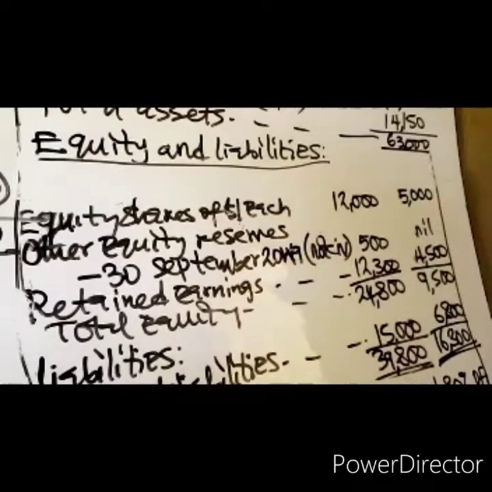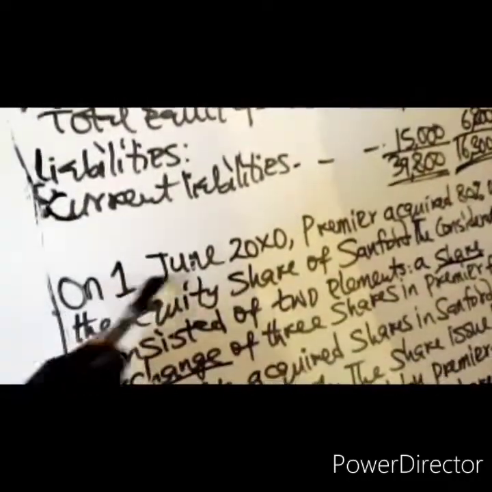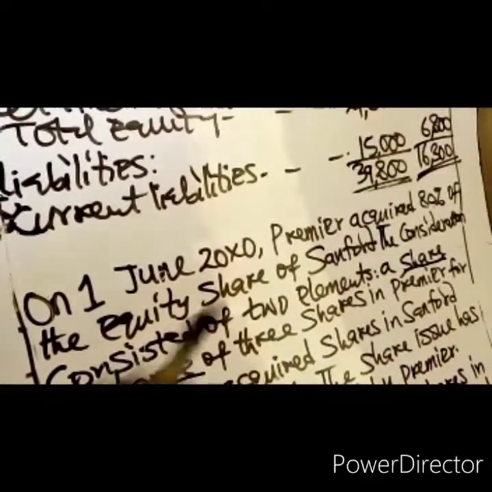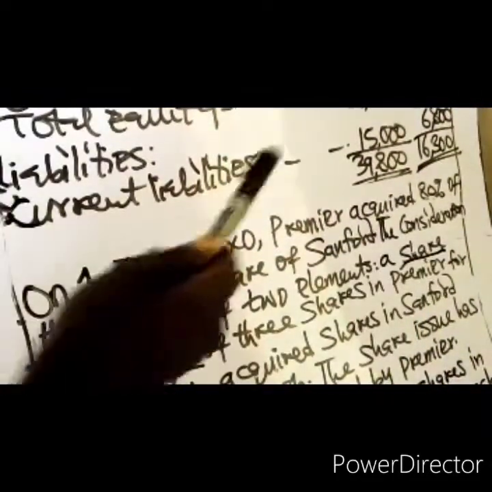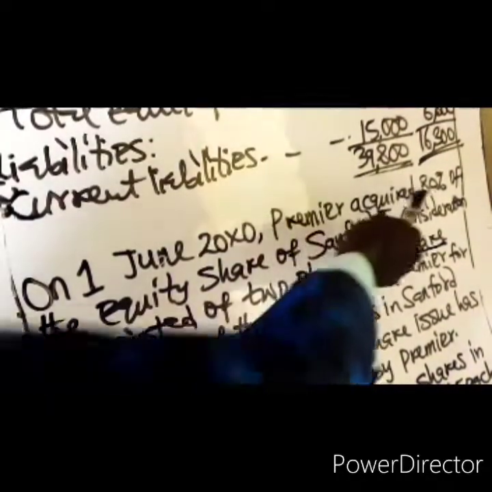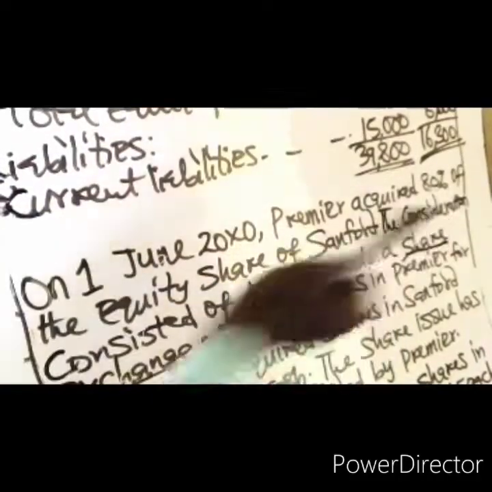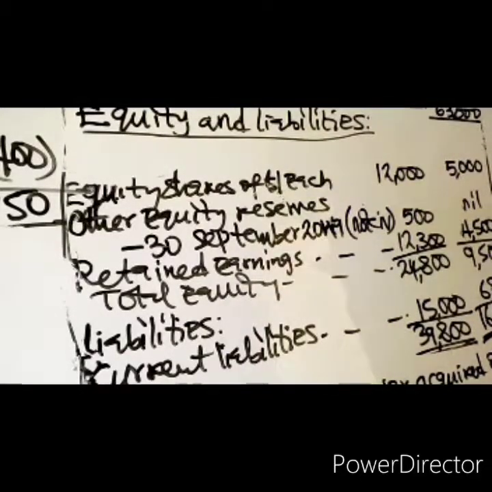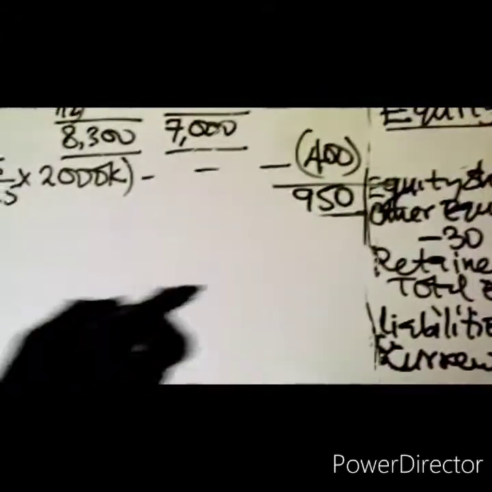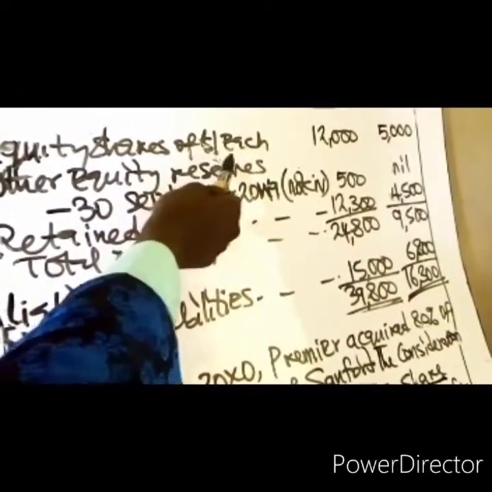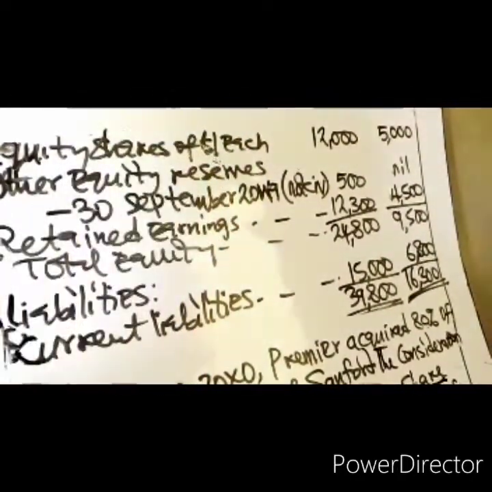So in note 1, on 1st of June 2020, Premier acquired 80% of the equity share of Sanford. The shares acquired by the parent is 80%. Remember, the subsidiary share is 5 million, out of which the parent company acquired 80%. The par value of subsidiary is $1. So 5 million divided by $1 will still be 5 million shares.